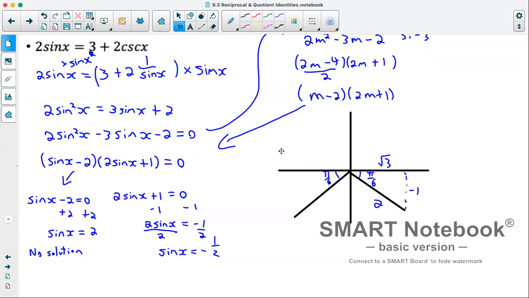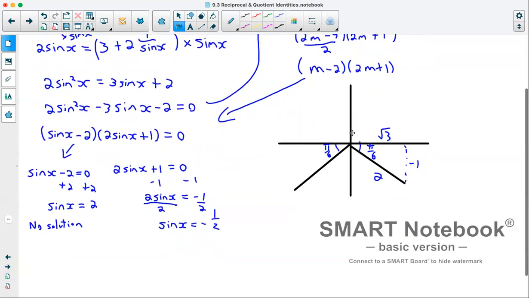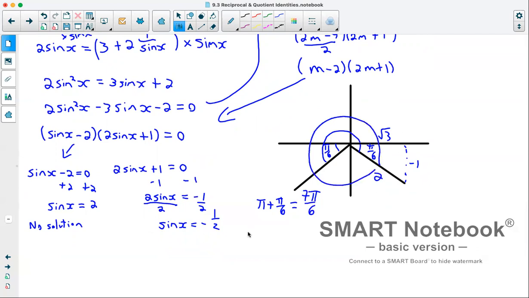Now, trying to get our total angles, we're going between 0 and 2 pi. So going from here to here would be pi plus pi/6. So one of our answers is 7 pi/6. And then the other one, we're going from here all the way to here. So we're almost 2 pi, but we're short by pi/6.